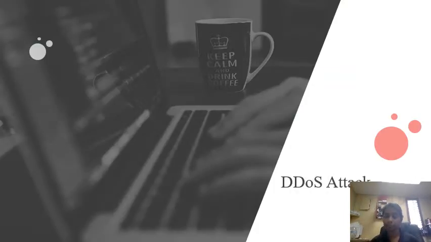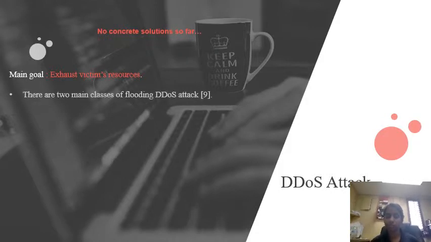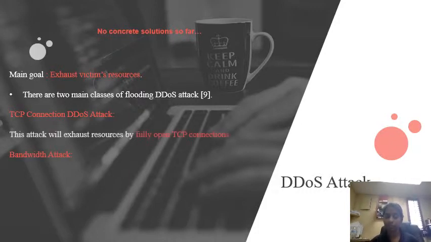DDoS attack. The distributed denial of service attack. The main goal of this attack is to exhaust the victim's resources. There are two types of distributed denial of service attack: TCP connection distributed denial of service attack and bandwidth attack.